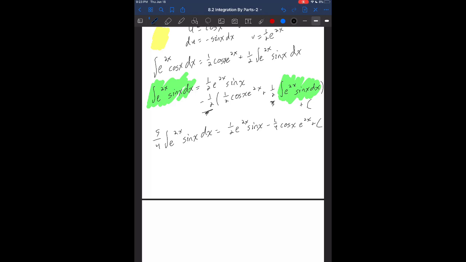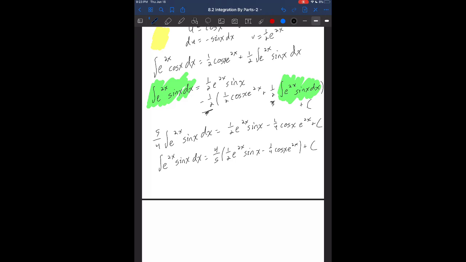We can then multiply both sides by 4/5 to get rid of the constant in front of the integrand, and we get that this e to the 2x sine of x dx is equal to 4/5 times 1/2 e to the 2x sine of x minus 1/4 cosine x e to the 2x plus c.